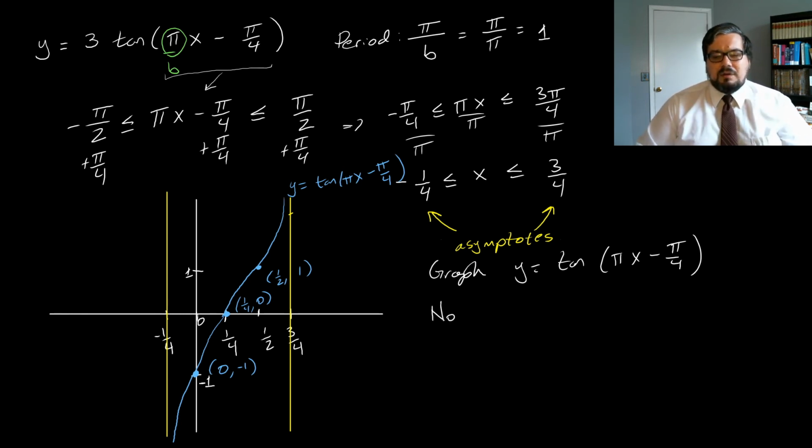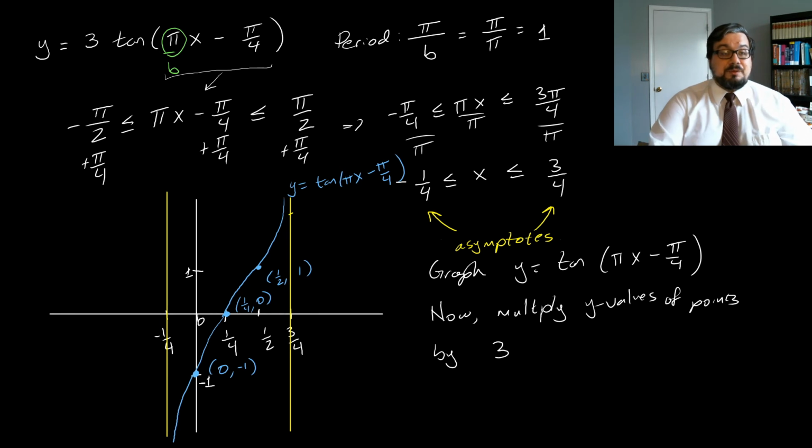So now we multiply the y values of these points by, in this case, 3. We multiply them by whatever the a value was of our function. And so we will get for our final answer that one of the points in our answer is 1/2, 3.